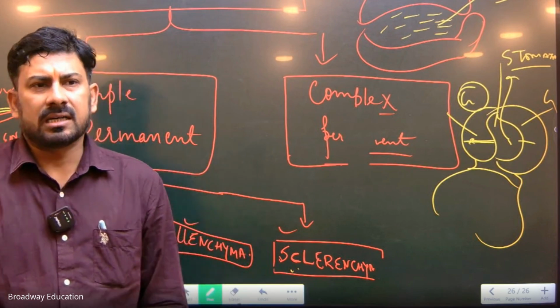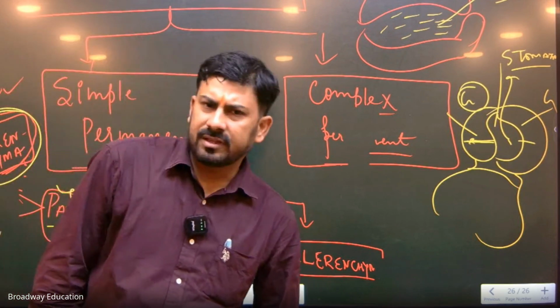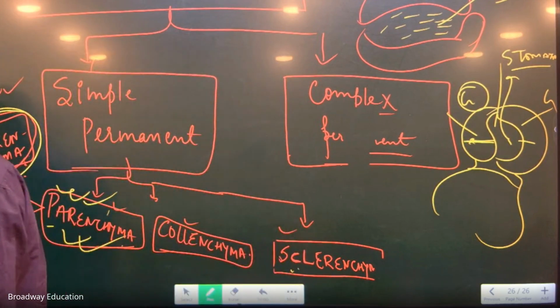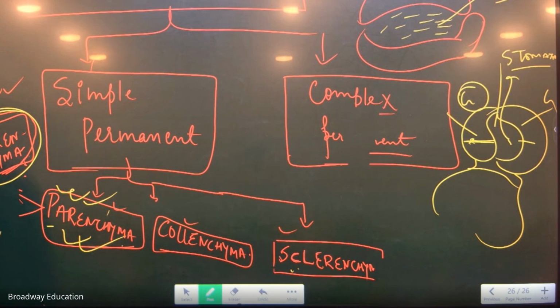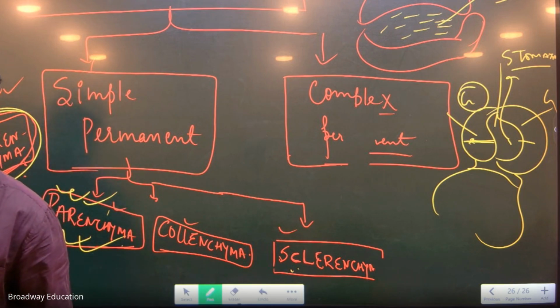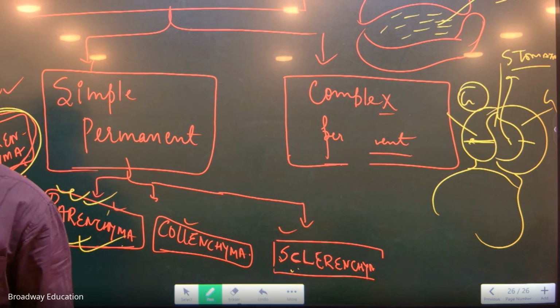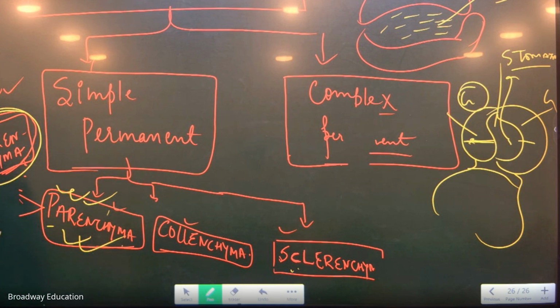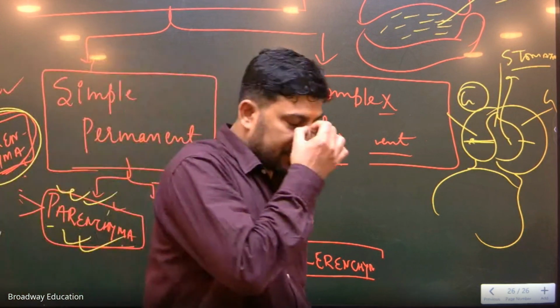Examples, please write: husk of the coconut, veins of the leaves, then the next one, hard covering of the seeds, etc.